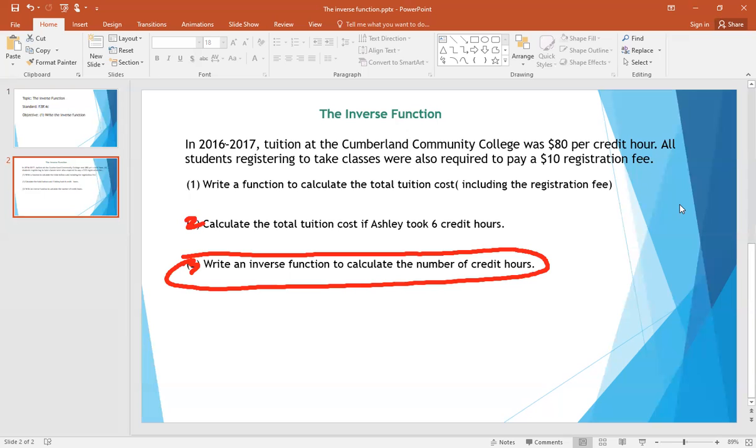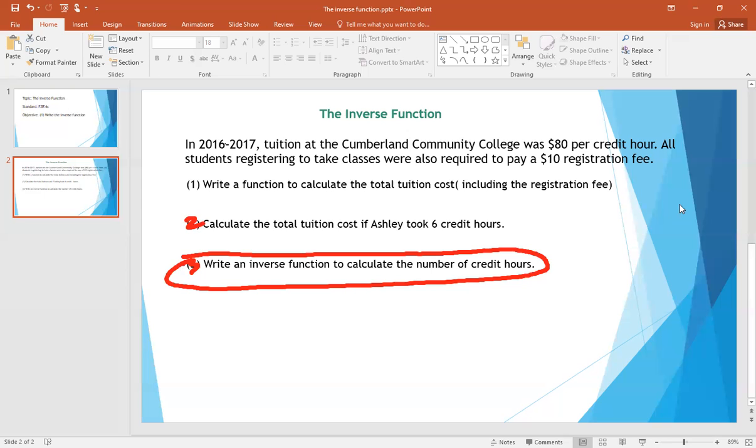Okay, so here we're going to use x and y to represent our variables. Y would be our output, and x would be our input. So in this case, the total tuition cost would be your output, and the number of credit hours would be your input.